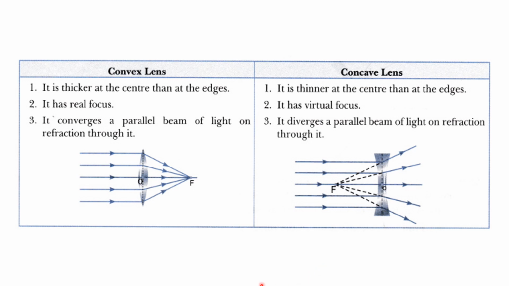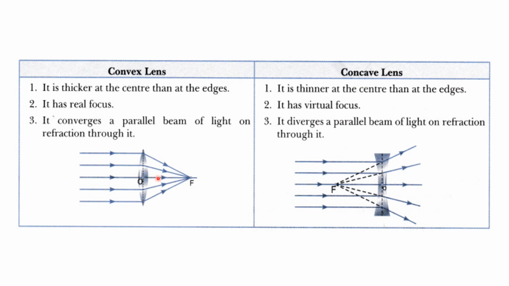Now what is the reason behind the names? Why do we call them converging and diverging lenses? If you have seen a convex lens carefully, it is thicker at the center, and as you go to the ends, they taper. They are thin at the corners and thick at the center.